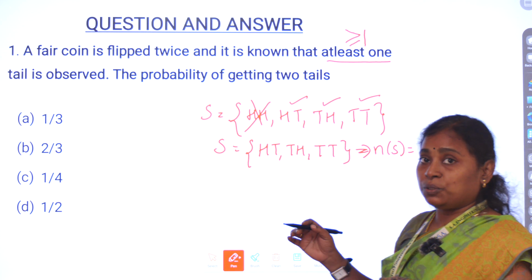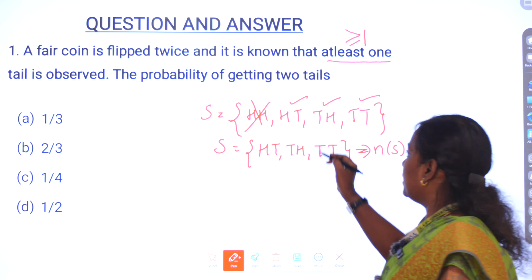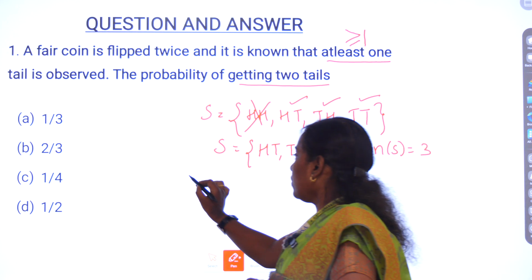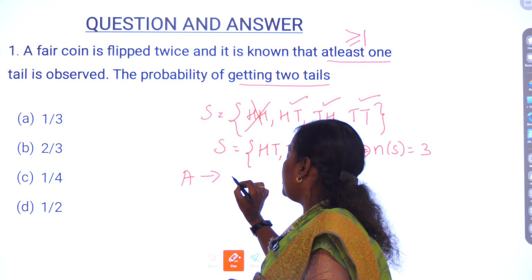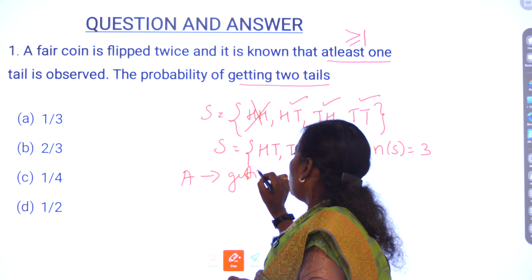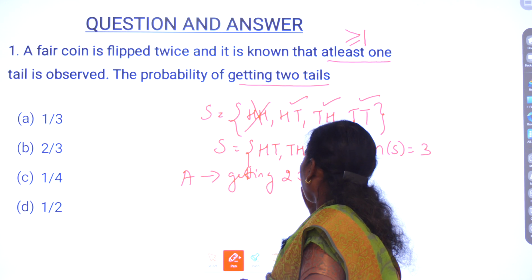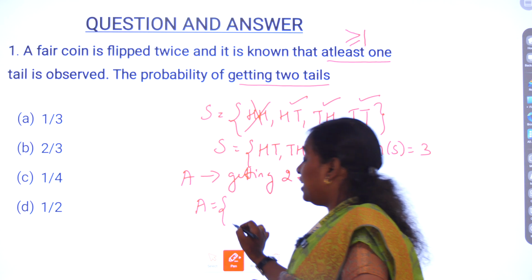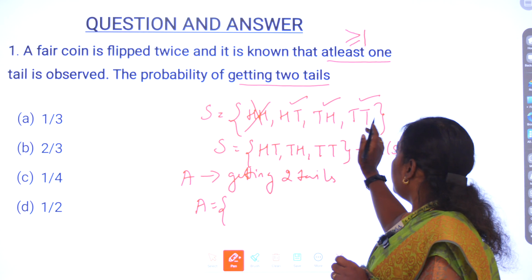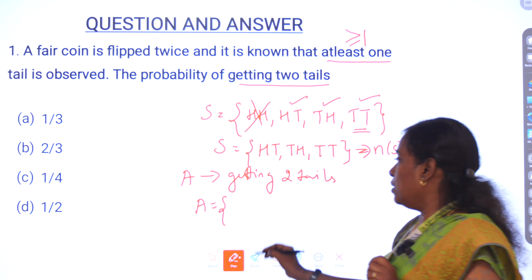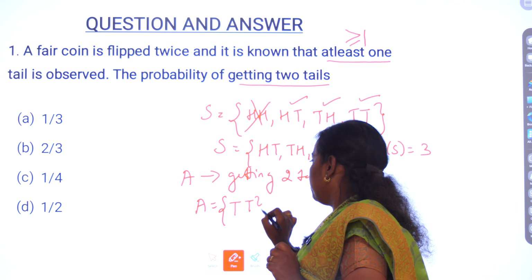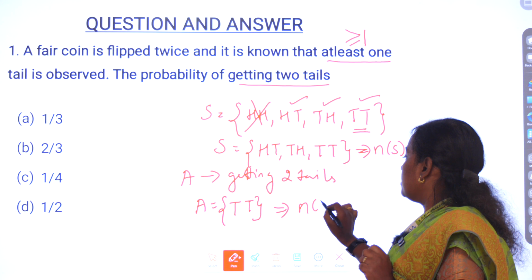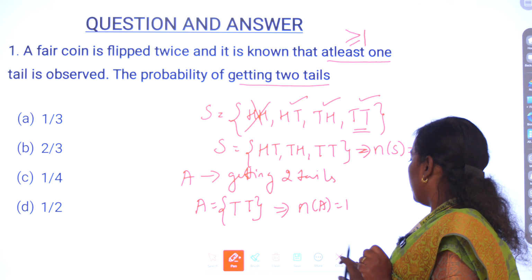Next, we'll move on to the event. What is our event? The event is getting two tails. So A is an event of getting two tails, exactly two tails. It is only one option, which is TT. So your favorable number of cases is only 1.